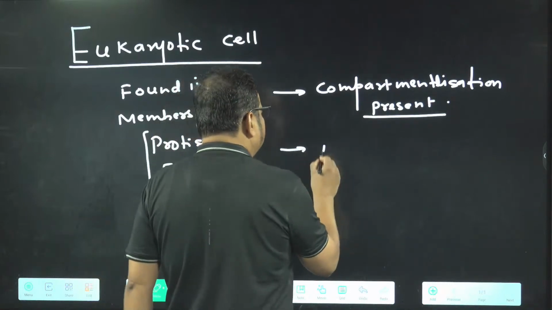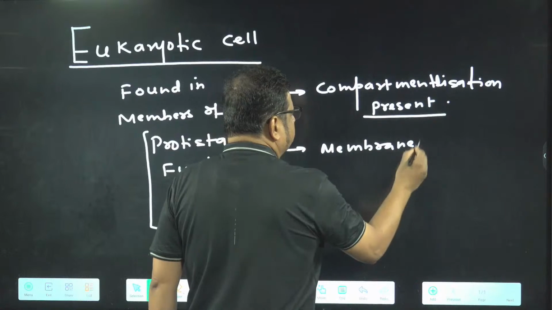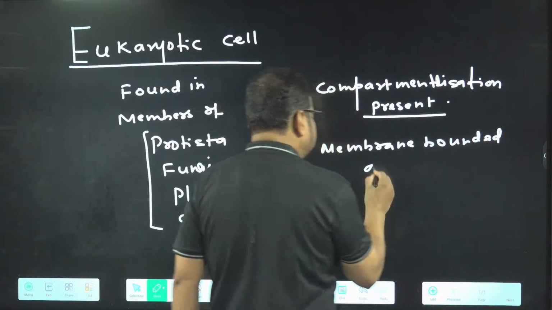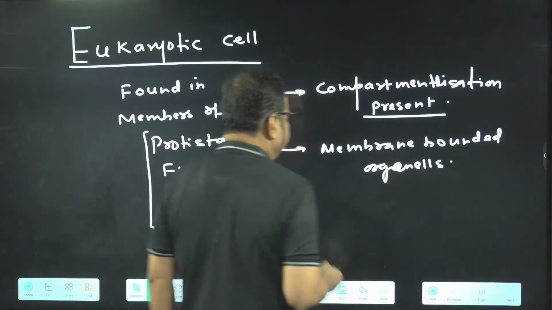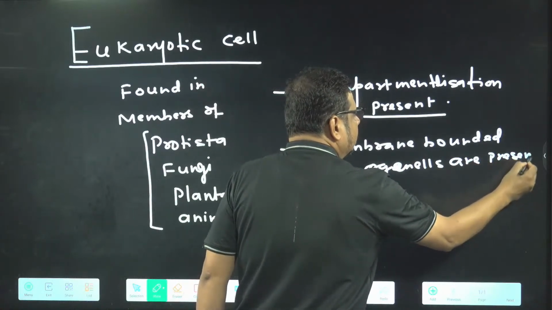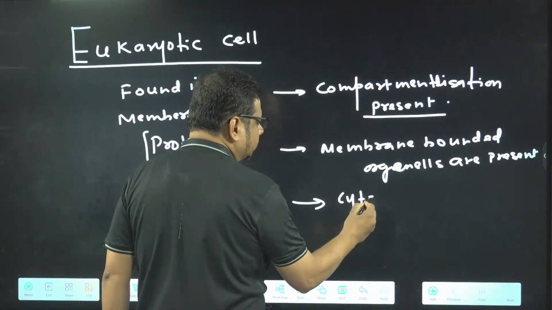So membrane-bounded organelles are present. Getting the things? After that, what you will find? Cytoskeletal structure.